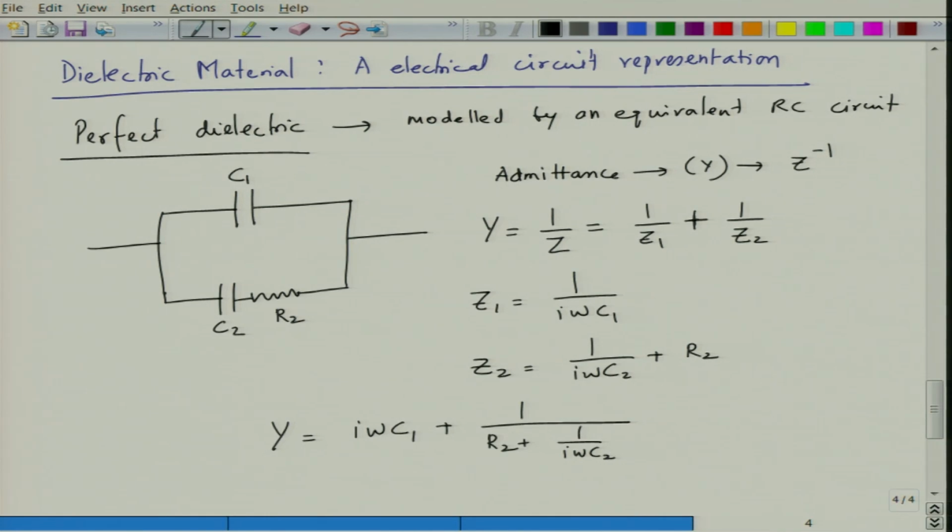All right. Now, in an electrical circuit, wherever you have resistances and capacitances, the product of RC is taken as the time constant. So, in this case, let us say R2 C2 is equal to tau 2, which is the time constant.